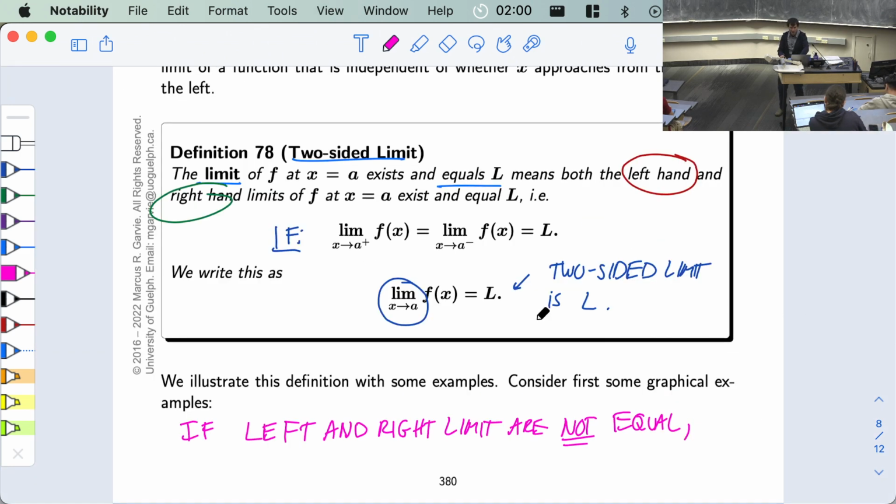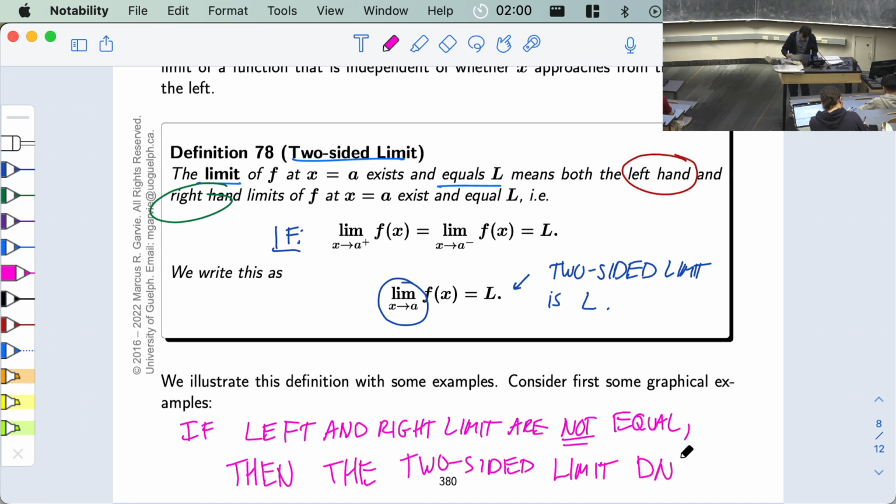So in the situation we just saw, the left limit was equal to the right limit, and then we say, aha, we're so happy, we have the two-sided limit. If the left limit and the right limit are not equal, then the two-sided limit does not exist. Note: the two-sided limit does not exist.